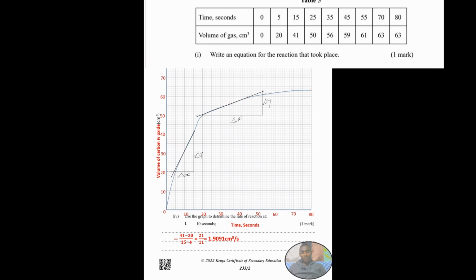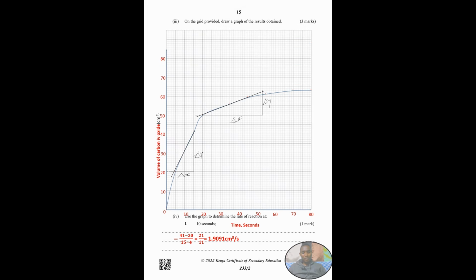You may also get a different value, which may not be very different from mine, but close to it. In this case, your answer is marked based on the graph that you already have. So everybody is always correct, as long as you are within the range of the correct answer.